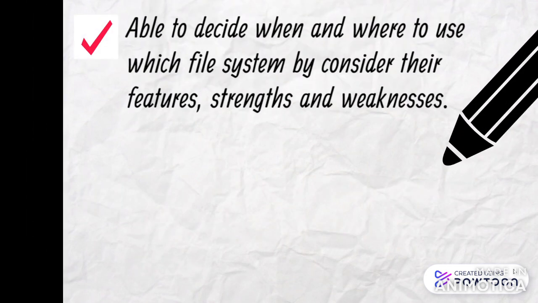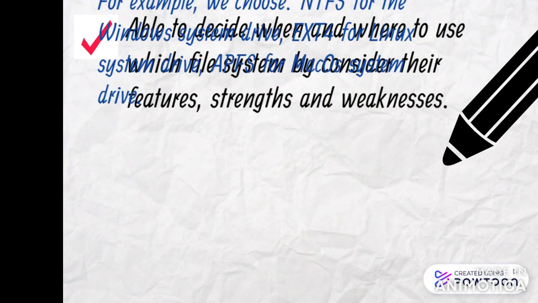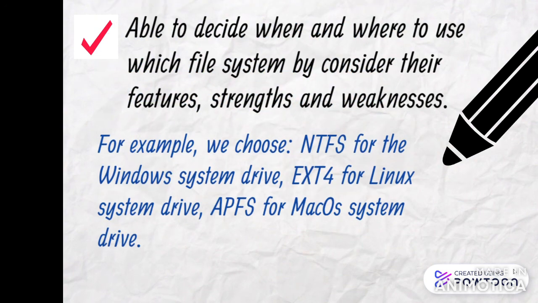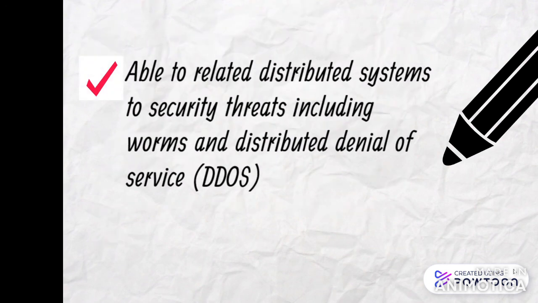We are able to decide when and where to use which file system by considering their features, strengths, and weaknesses. For example, we choose NTFS for the Windows system drive, ext4 for the Linux system drive, and APFS for the macOS system drive. Lastly, we are also able to relate distributed systems to security threats including worms and distributed denial of service, which is DDoS.